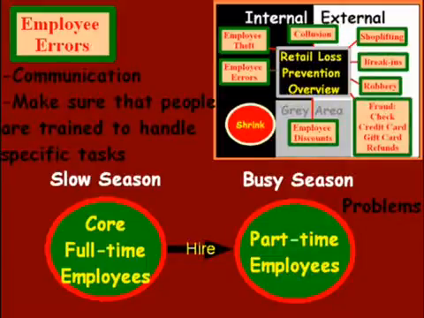You want to talk to them and make sure everything is clear, make sure they know what they can and cannot do. And then you want to make sure that when people are handling specific tasks, they're trained to do so.